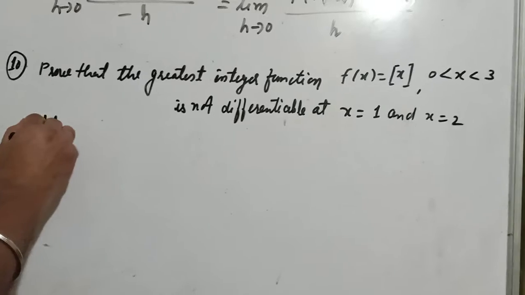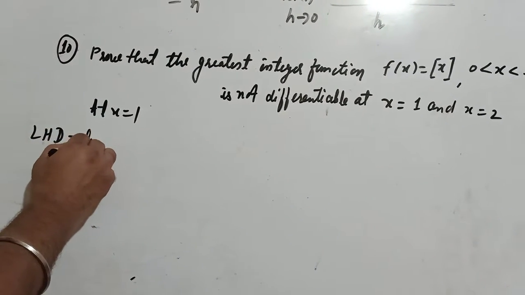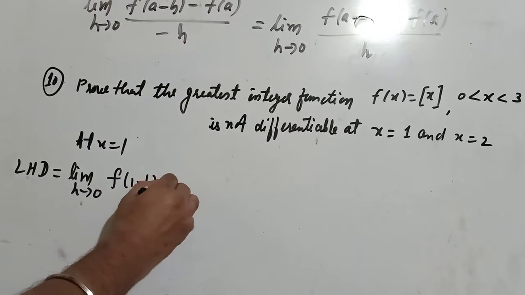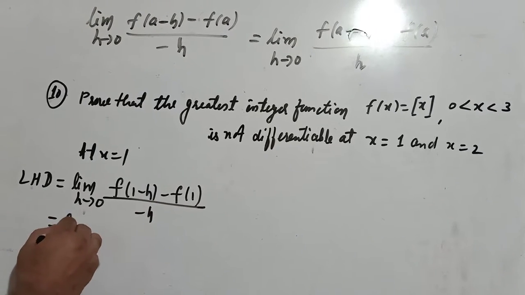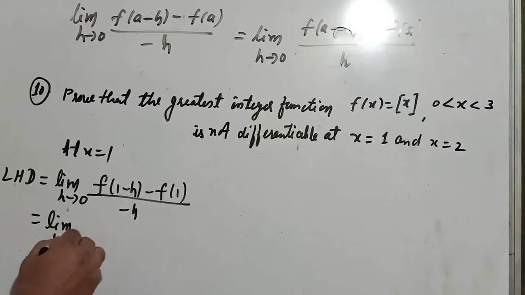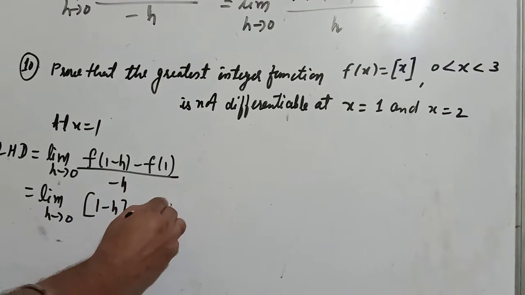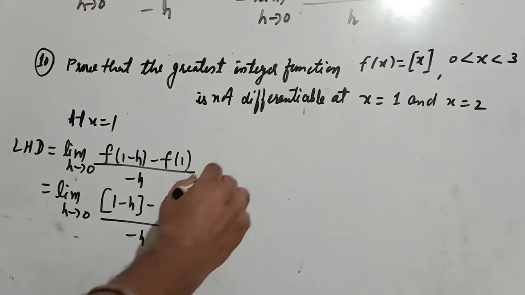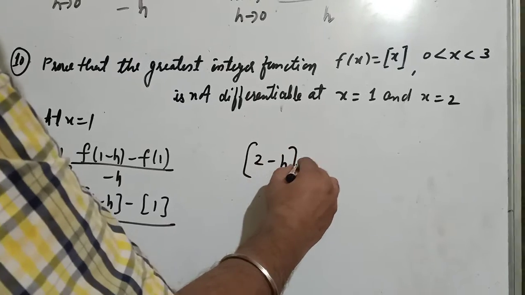So at x equal to 1, what will be the formula for LHD? Limit h tends to 0, f of 1 minus h minus f of 1 upon minus h. So limit h tends to 0, greatest integer of 1 minus h minus greatest integer of 1 upon minus h. You all know in the greatest integer function, 2 minus h will become 1.